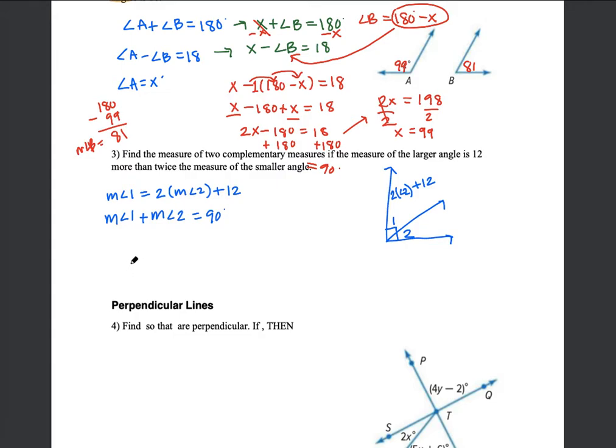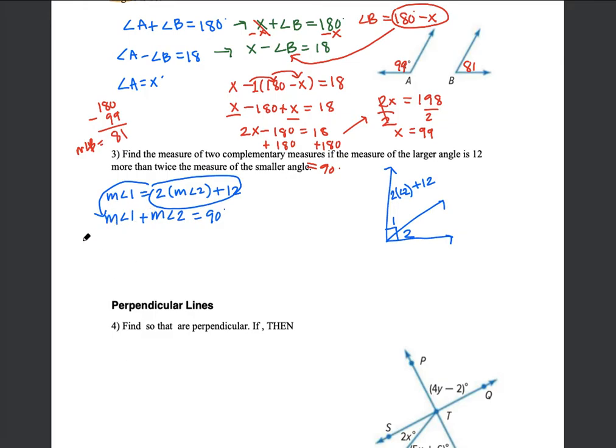What I can do from here, since I have measure of angle 1 over here, and I also have measure of angle 1 is equal to 2 times the measure of angle 2 plus 12. Since I have this whole thing is equal to the measure of angle 1, I could just substitute that into this left side.